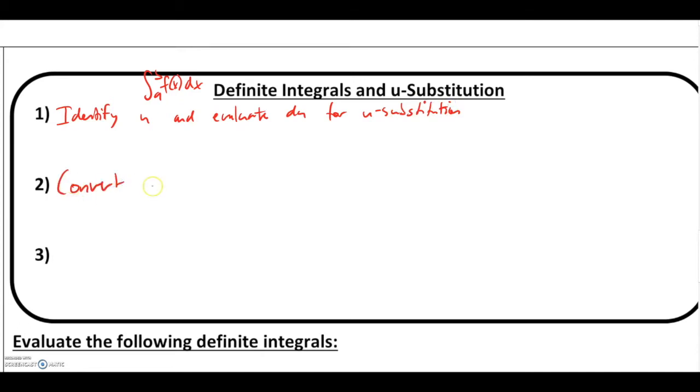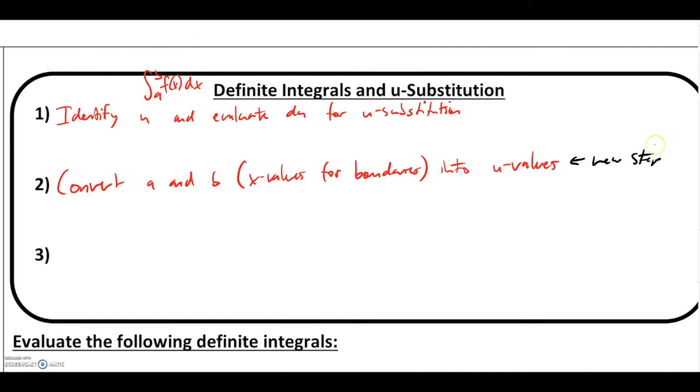Our second step will be to convert a and b, the x values for our boundaries on the integral, into u values. This will be the new step and the one we'll investigate more closely when we get into the examples.